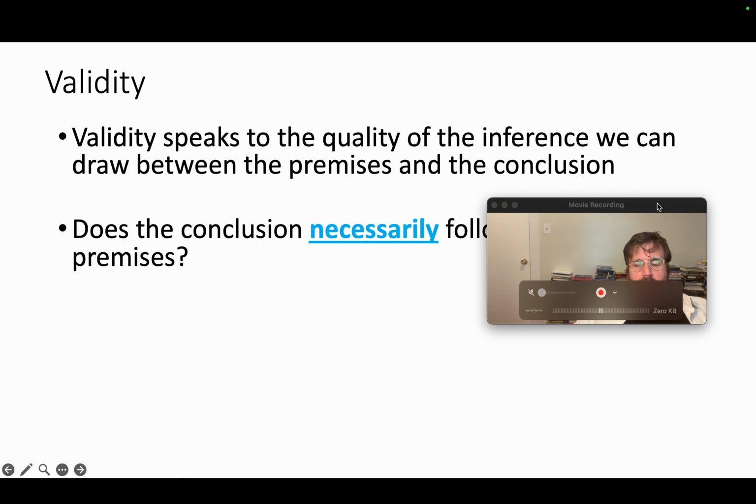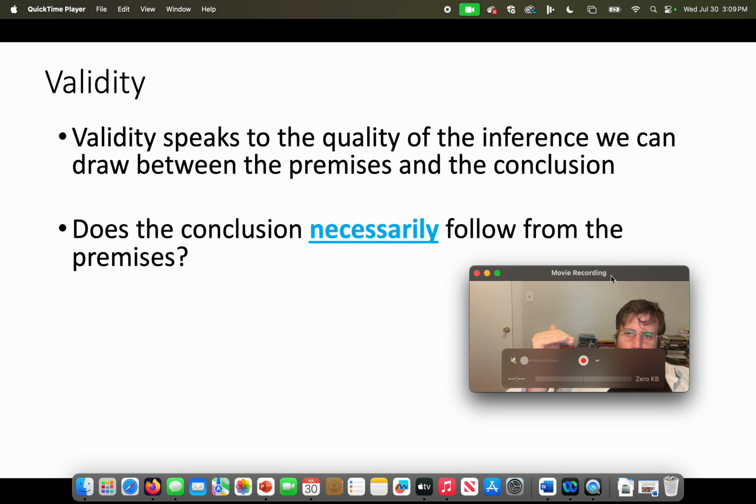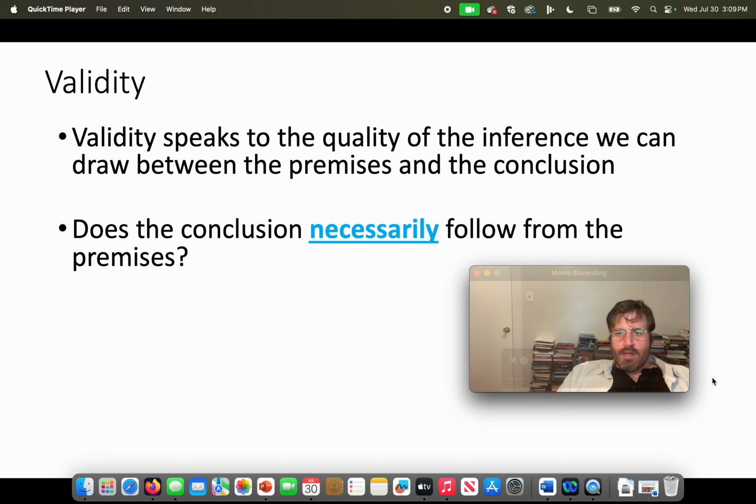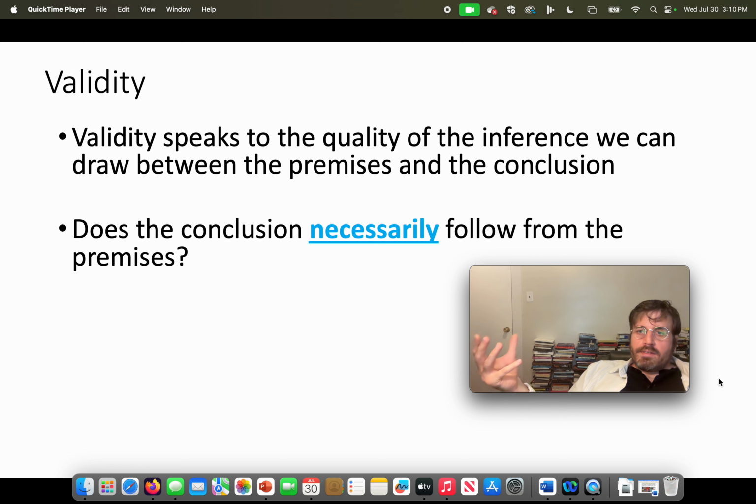So the question you should always be asking with deductive arguments is whether or not the conclusion necessarily follows from the premises. Can you imagine an alternative conclusion to the same premises? If you can, it means you don't have necessity. And if you don't have necessity, you don't have a valid argument.